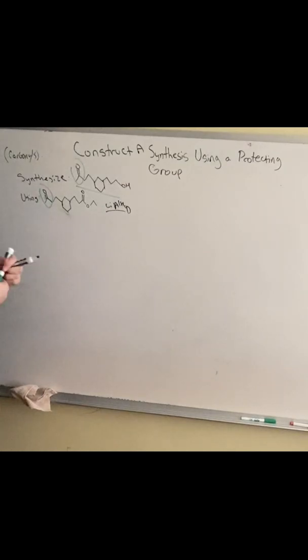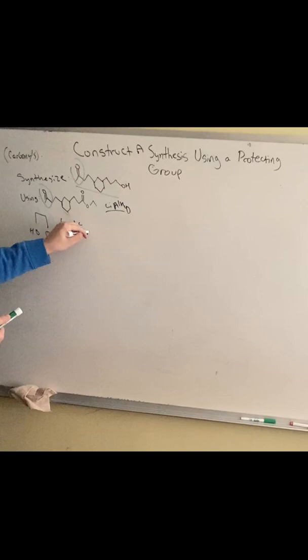A protecting group we can use, some of you might be familiar with it, is this diol right here. The way we do it is we introduce this diol in acidic conditions, which will cause it to react with this ketone right here.